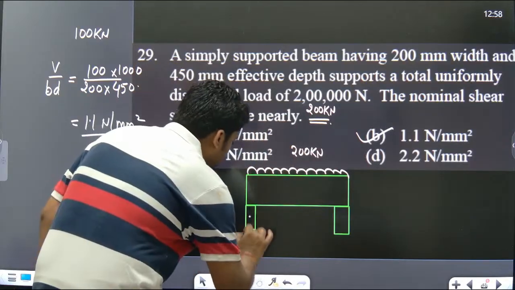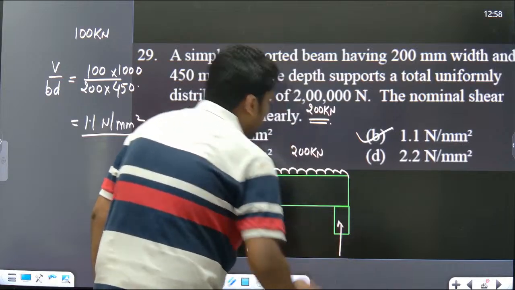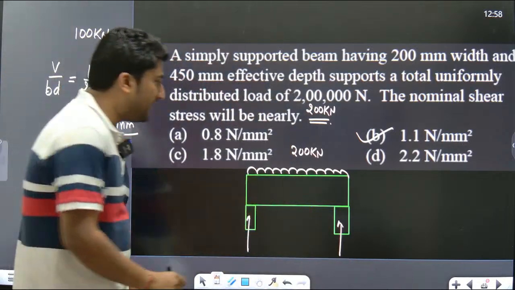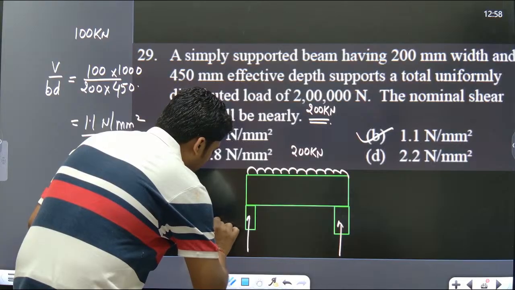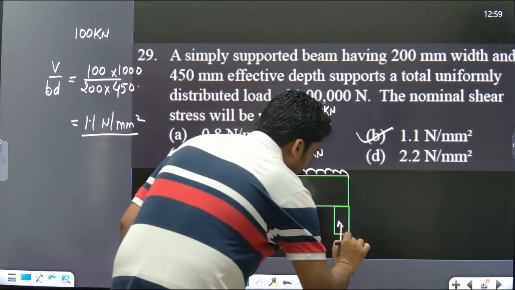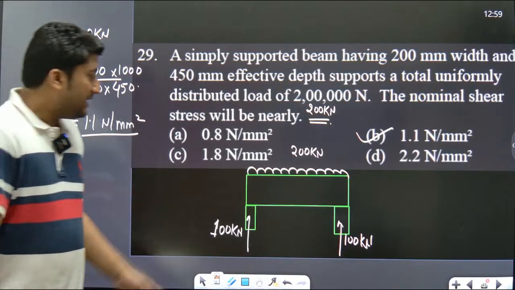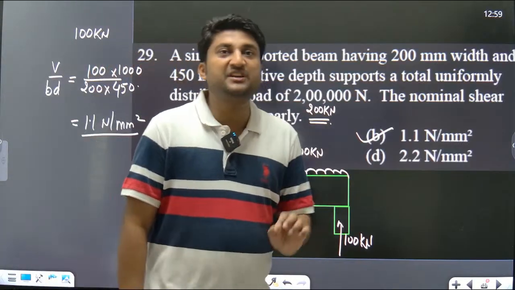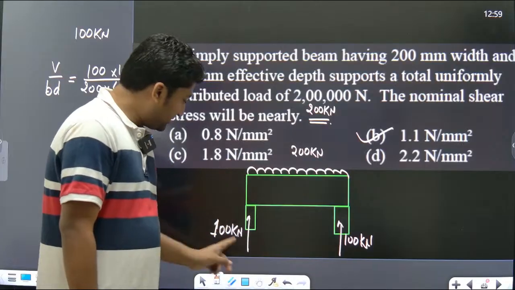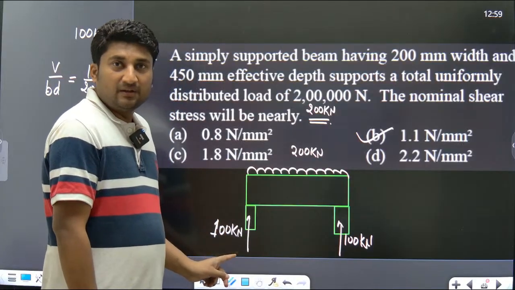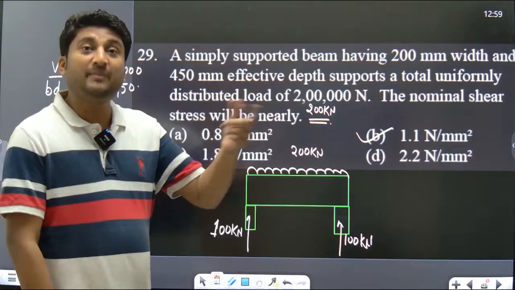So how much will be the support reactions? Half of it, that is 100 kilonewton here, 100 kilonewton here. Understood everyone? So the maximum shear force is at the support, which equals this reaction only. Yes or no? You are confused with WL by 2.